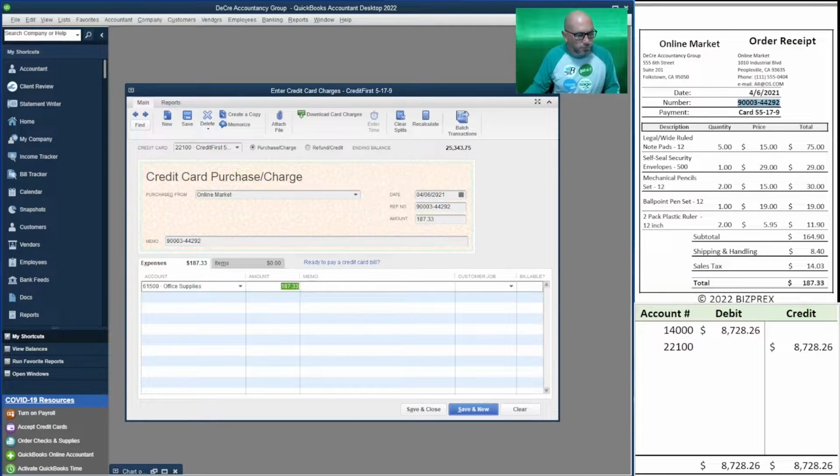There it is. Office supplies is an expense. Expenses go up when debited, just like assets. Makes sense, right? There it is. And then we just change amounts, of course. 173. There it is. Debits and credits are in balance. This is debit to 61,500. This is credit to 22,100.